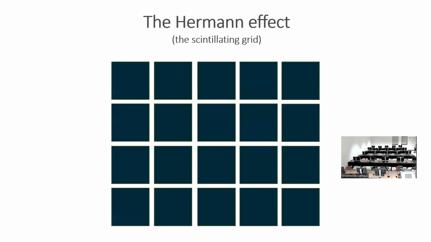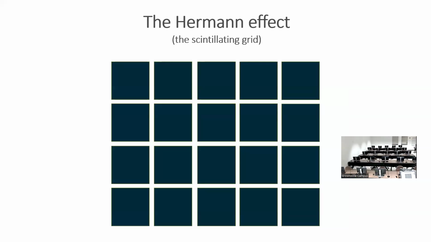So this is what we call the Hermann effect. The Hermann effect is when you look at these shapes, you will notice in the side of your eyes, there are black dots in between those squares. Did you not notice that? There are black dots, but when you go seek them, you don't find them. This is very distracting.